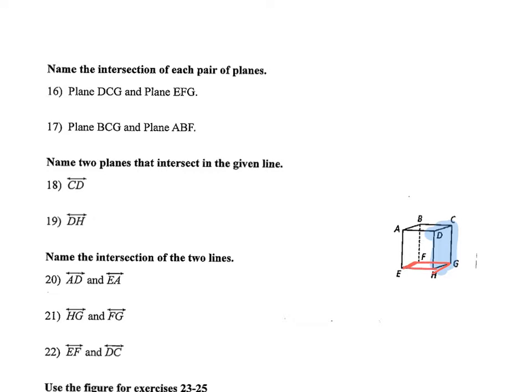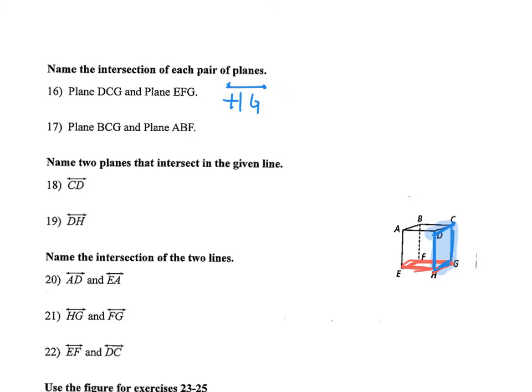So the question is, what line do these two collide on? And I find it helps when you highlight, because now you can see what line my two colors overlap on. We can see they overlap at HG, and it is a line, or a segment, so it is HG.